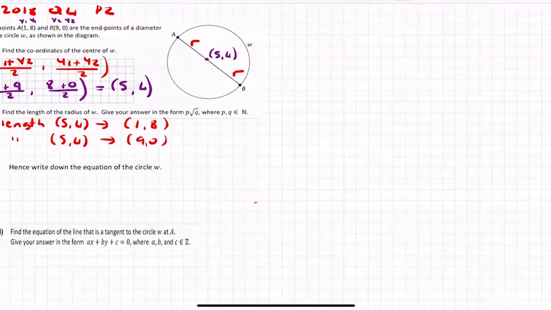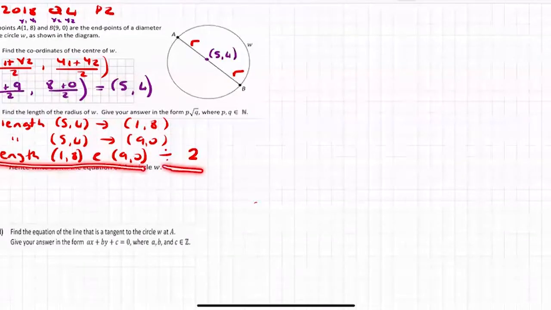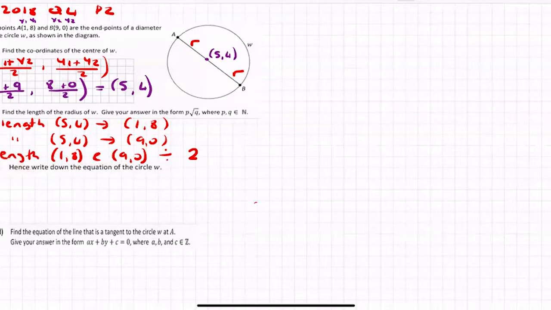Or of course you could get the length between (1, 8) and (9, 0) and divide it by 2. That last one is getting the length of the diameter, and I divide it by 2 because the radius is half the diameter. So any of them would give me the length of the radius of that circle W.